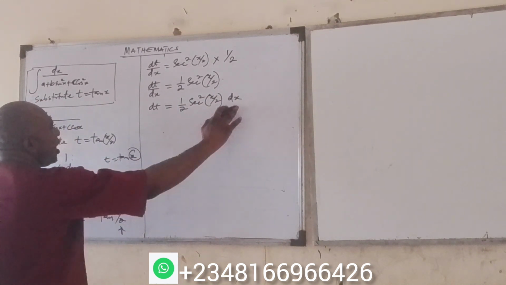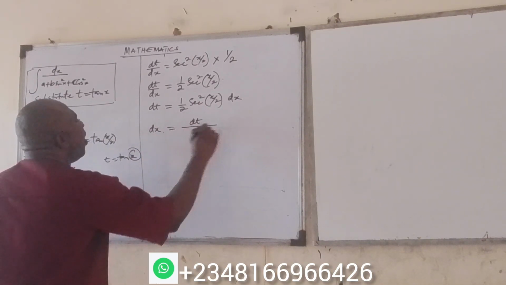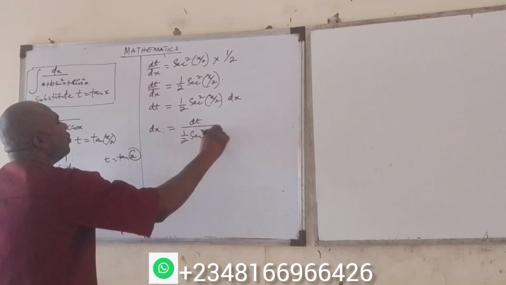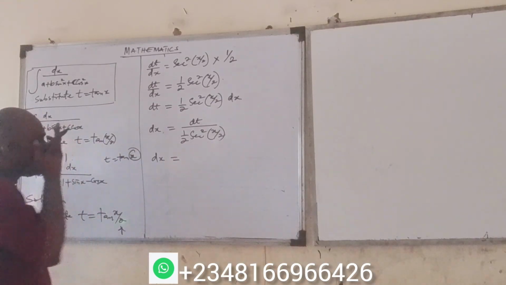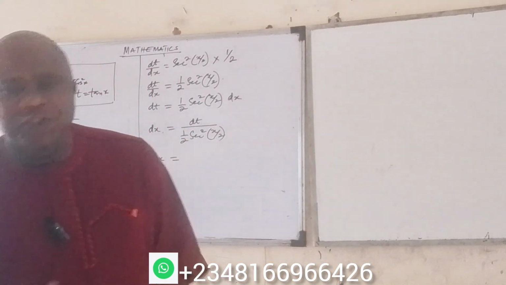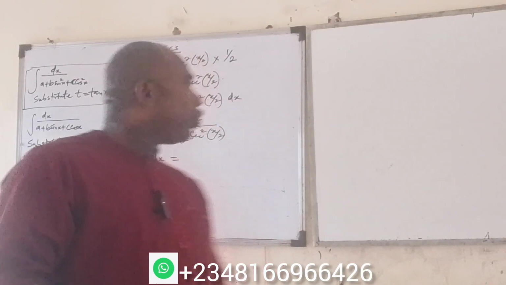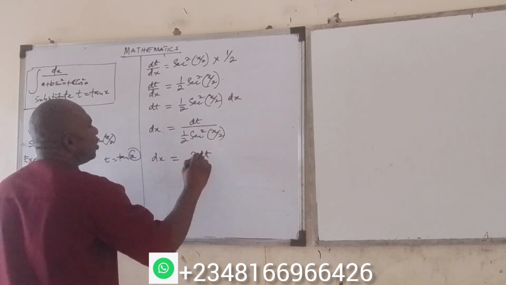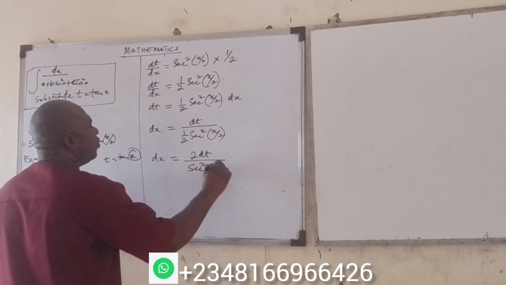So making dx the subject, dx will be equal to dt over half sec squared x over 2. So dx will be equal to dt over half. Any value divided by half is 2 times that value: 2 divided by half is 2 times 2, 5 divided by half is 5 times 2. So dt divided by half is 2 dt over sec squared x over 2.